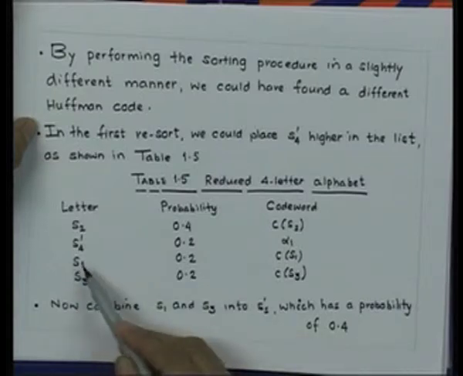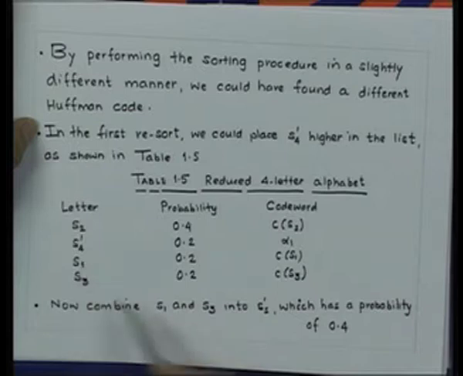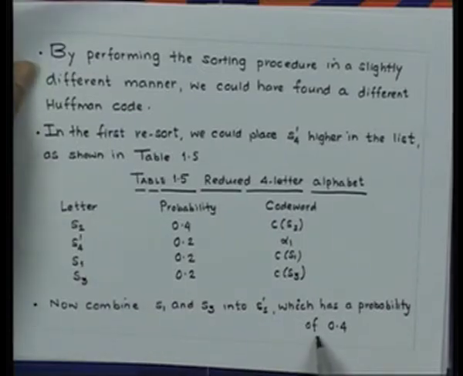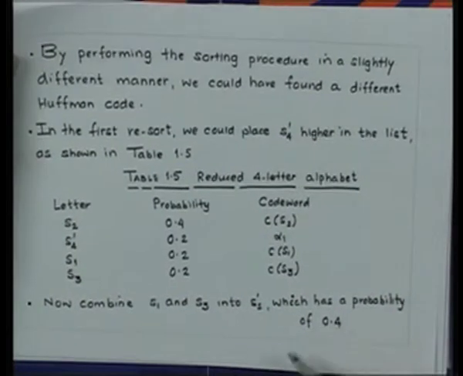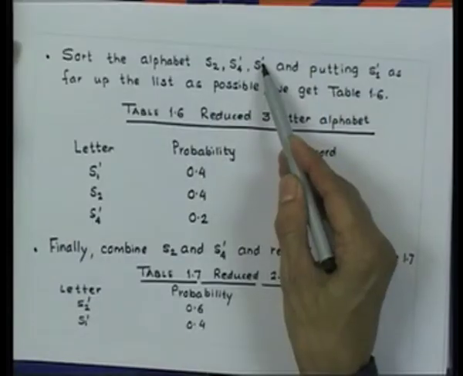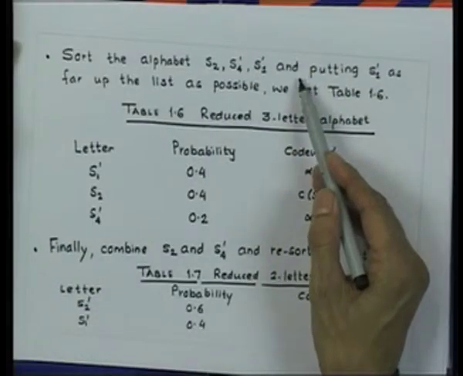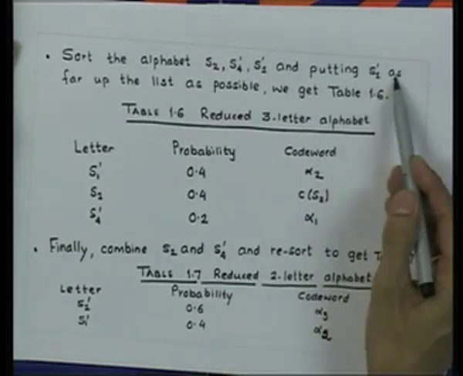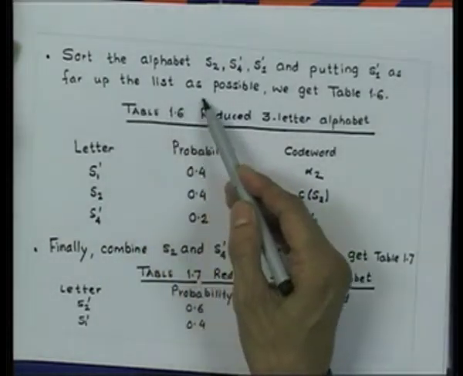And now you combine S1 and S3 into S1 dash, which has a probability of 0.4. So we carry out the same procedure which we had studied in the last class. You sort the alphabet S2, S4 dash, S1 dash, and now you put S1 dash as far up the list as possible.